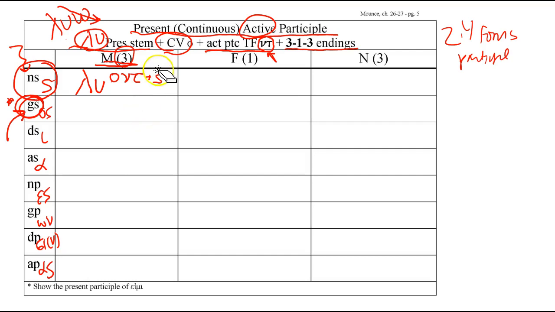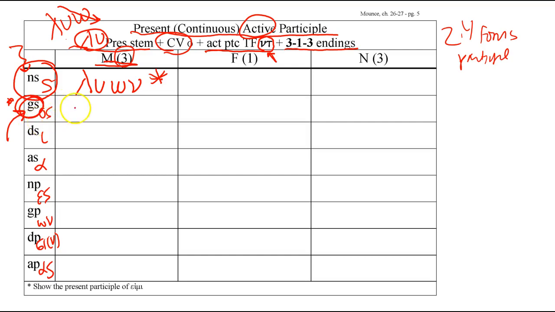Rather, it doesn't use the sigma, and instead it just drops the tau. And when it drops the tau, this omicron wants to go long. And so the form for the nominative singular is luon. That's the only really unusual form, and so everything else will be very predictable.